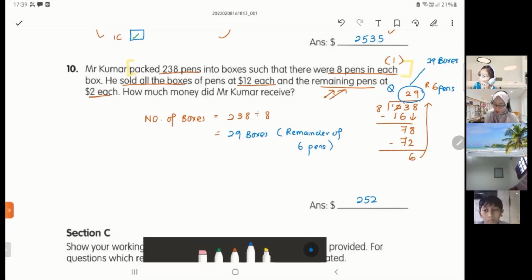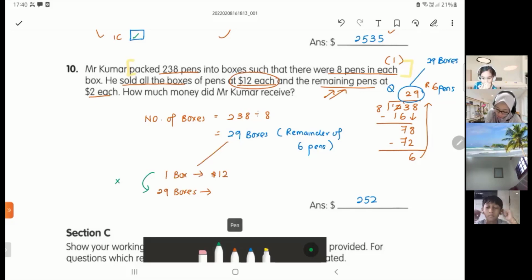Now I know that the 29 boxes are sold at $12 each, which means one box is $12. I have 29 boxes, so from 1 to 29 is times 29. Over here, I must also times 29. 12 times 29, or 29 times 12 also can.